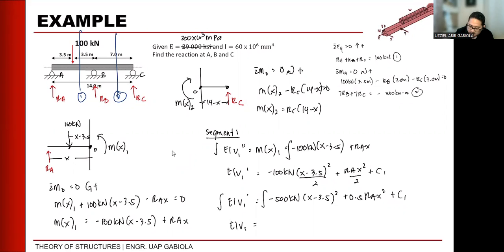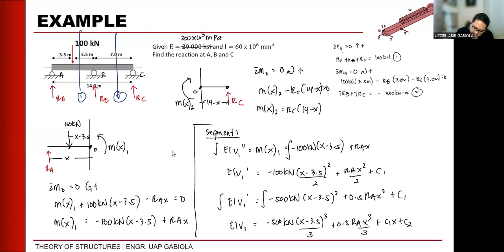This is equals to negative 500 kilonewton times (x minus 3.5) cubed over 3 plus 0.5 RA x cubed over 3 plus C1x plus C2. So this will be our equation for the first segment.